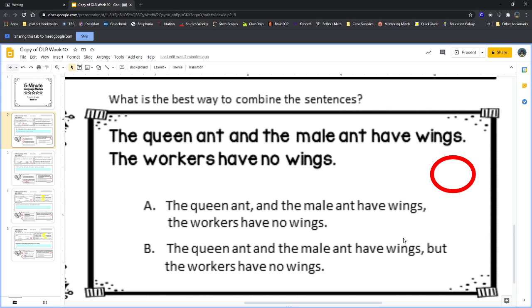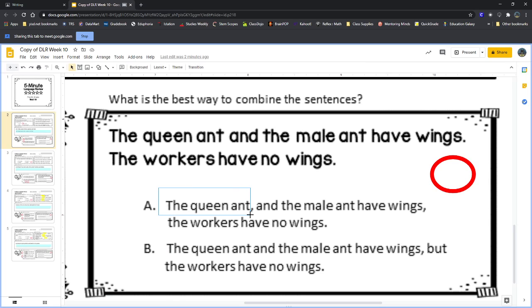But that doesn't make the sentence correct. The other thing that they did that I want to focus on is here. They put a comma and a conjunction, one of our fanboy words. We've talked about that before. If you use a comma and a conjunction, a fanboy word, you have to have 2 complete sentences.